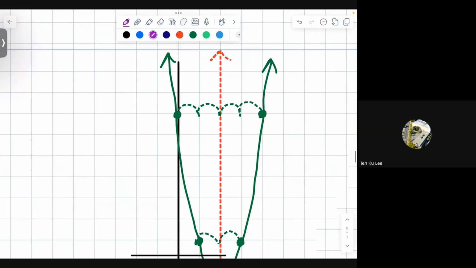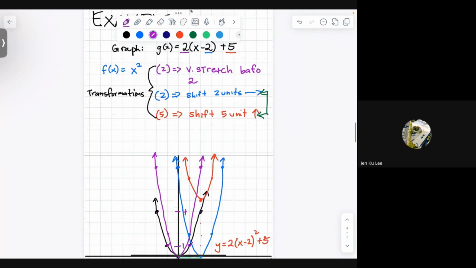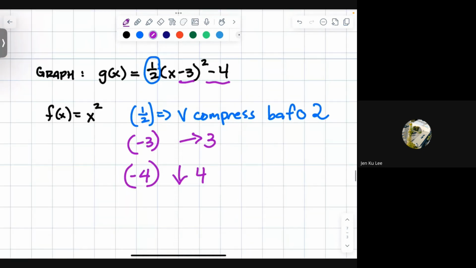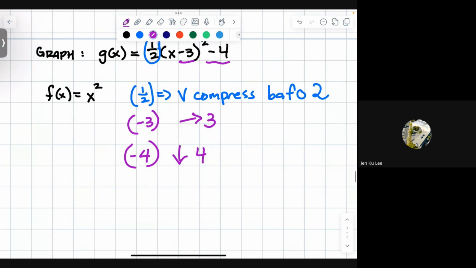All right, let me check something really quick. Yeah. Okay. Right. So these are my transformations here. All right. I'm not going to do both of it.